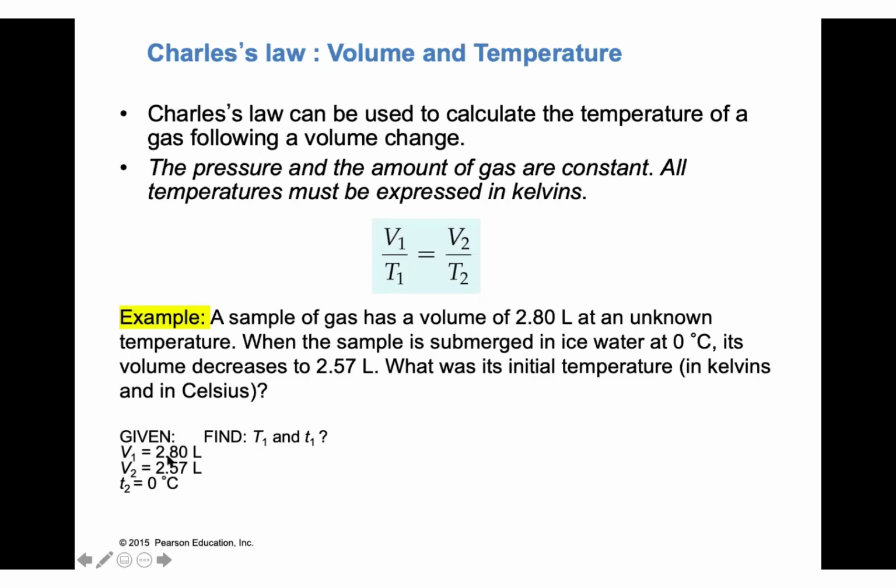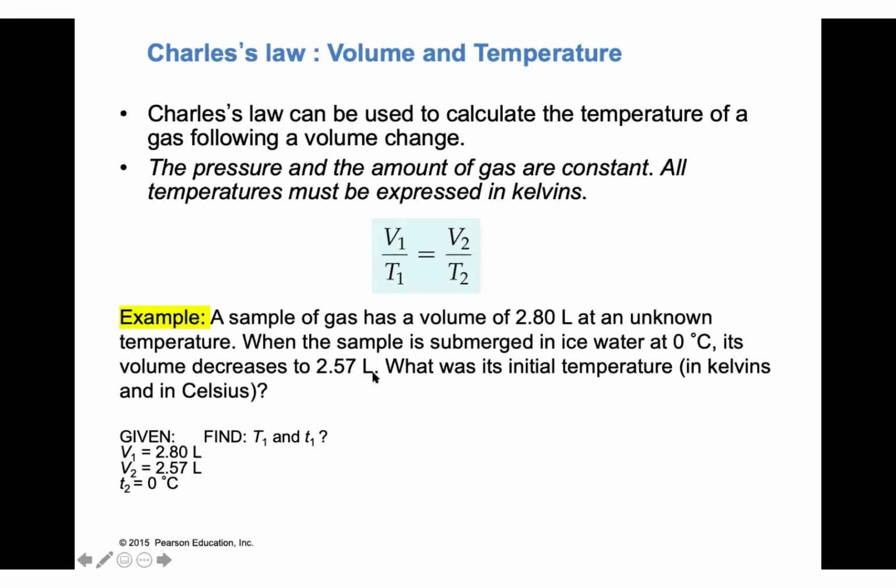So basically, we have a V1 here, which is 2.80, and it already says decreases to. So as I said, when you see "to," they usually talk about the second stage.